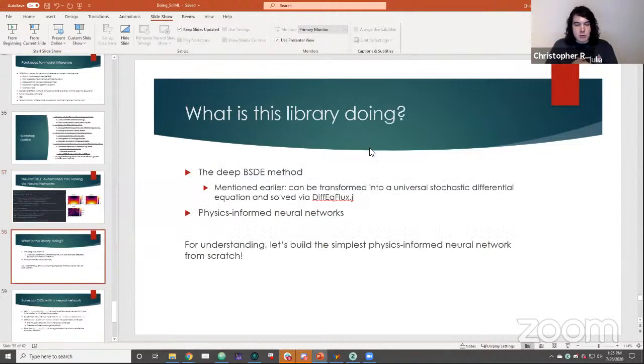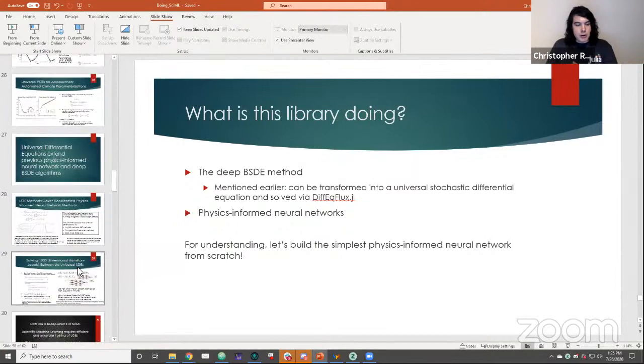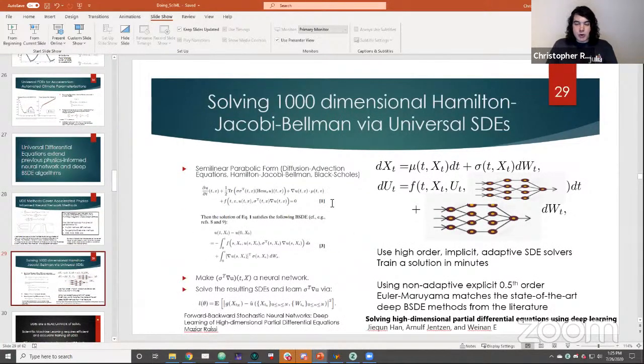So what is this library doing? Well, there are two things. The first one is the deep SDE method, which is essentially what I showed earlier. You can solve these partial differential equations by defining stochastic differential equations with neural networks in them, and then it becomes one of these universal SDE types of problems where you utilize our adjoints through SDEs.